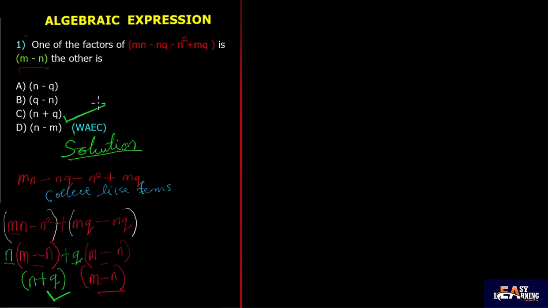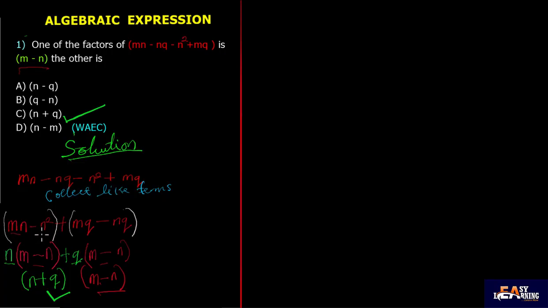As a revision, we were asked to find the other factor. What we simply did was collect like terms by rearranging, and we had mn minus n raised to power 2 plus mq minus nq. We grouped them by separating them, and looked for the common term in the first bracket.